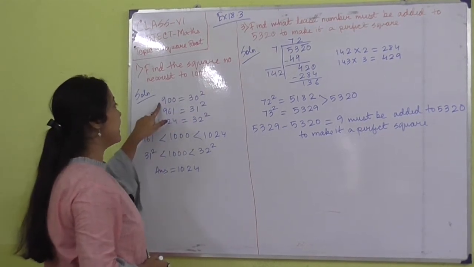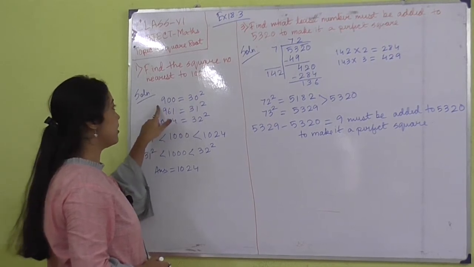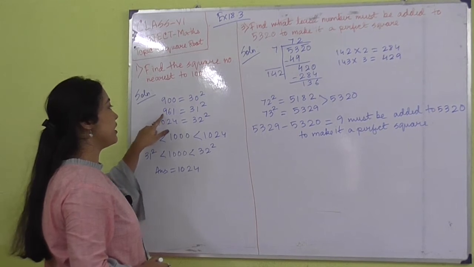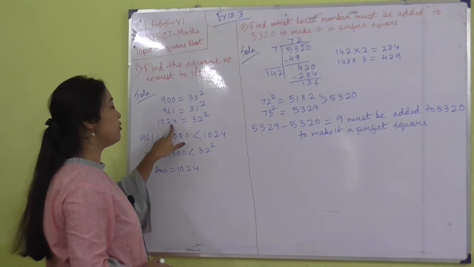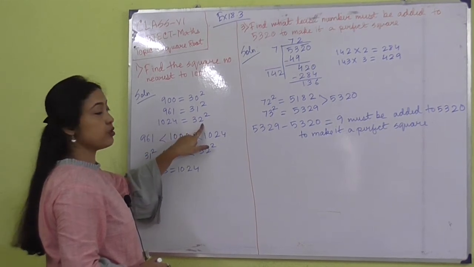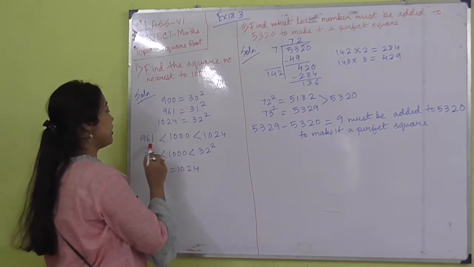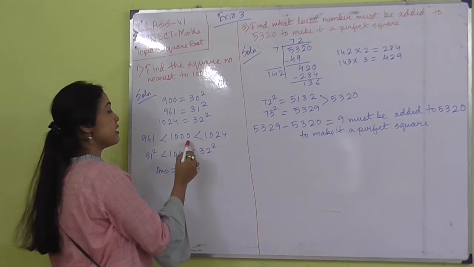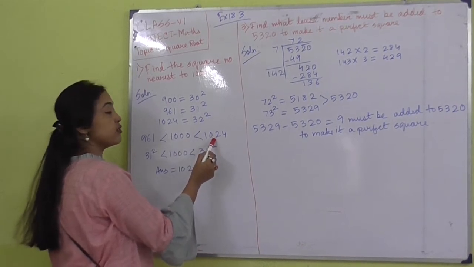So first of all, we can take 900, which is the square of 30. 30 square is 900. Next is 961, which is greater than 900. It is the square of 31. And next is 1024, which is the square of 32. So here 1000 is lying between 961 and 1024. Here you can see the distance between 1000 and 1024 is very less.